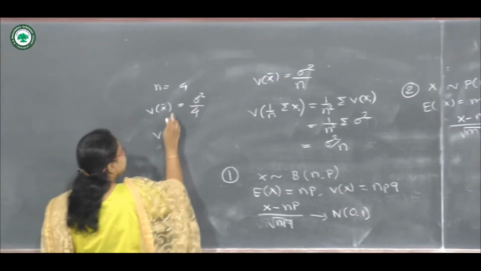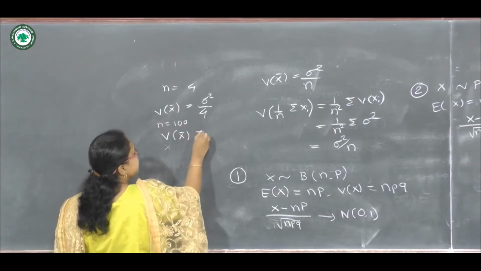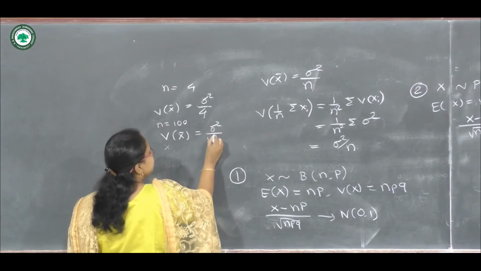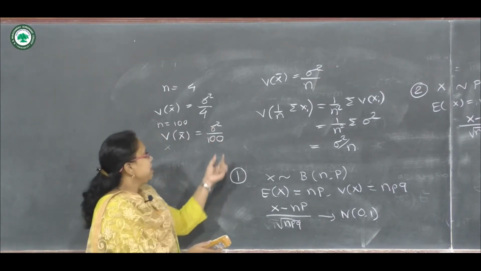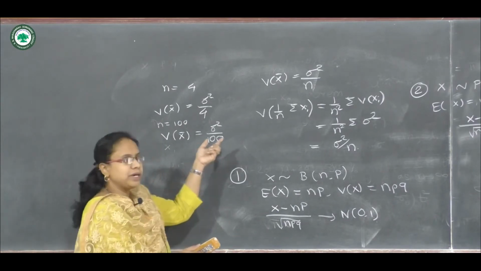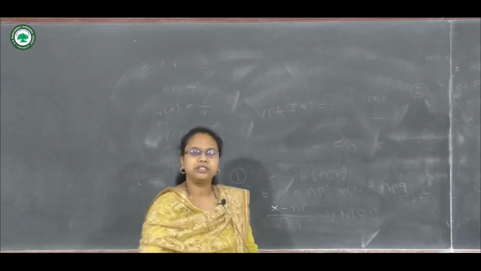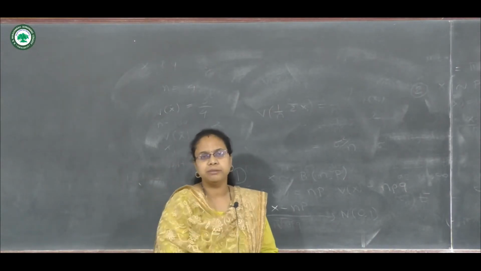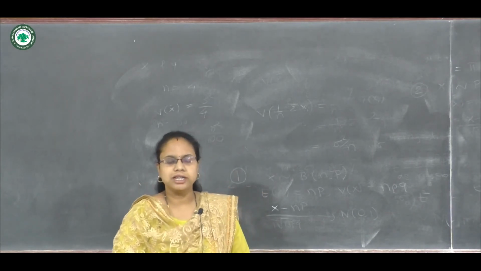If n equals 100, then variance of x bar will be sigma square upon 100. So standard error is reduced to 1/10 of this. So these are the applications of central limit theorem in normal distributions. Hope you enjoyed this lecture. Thanks for watching me.